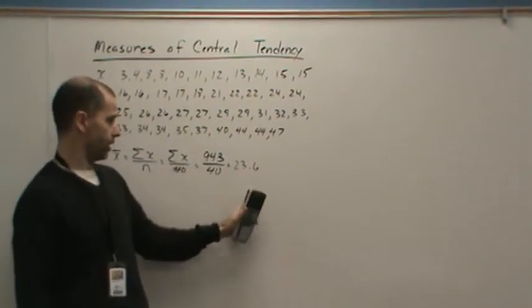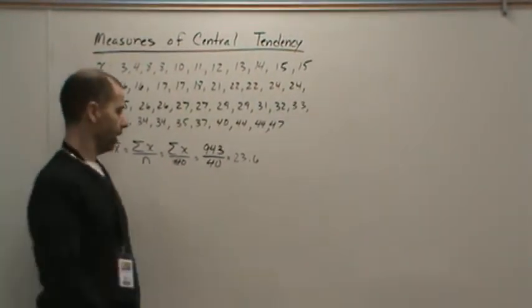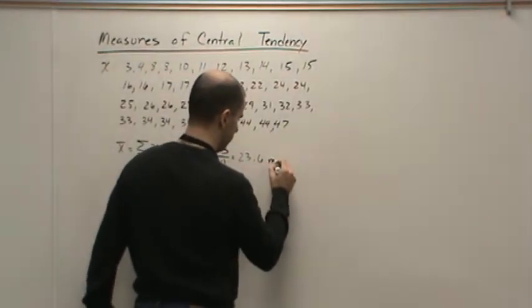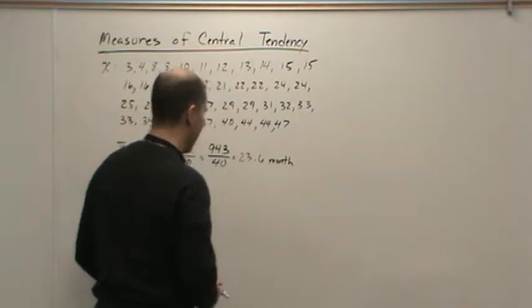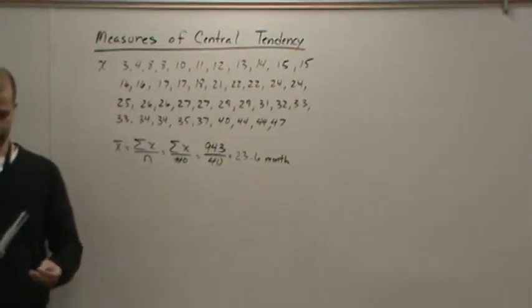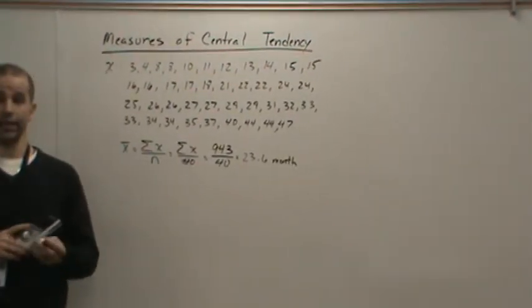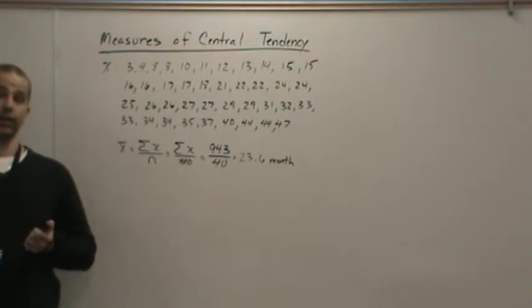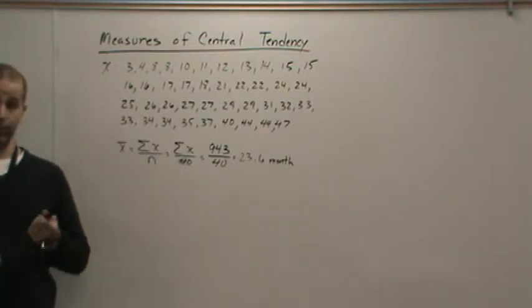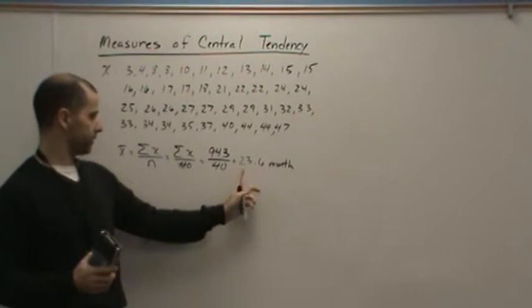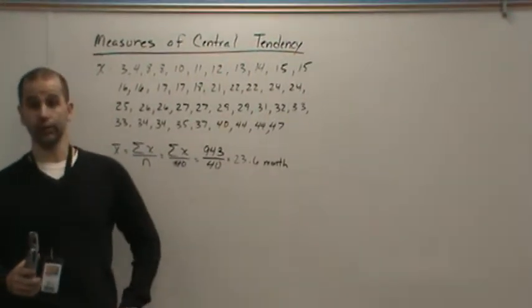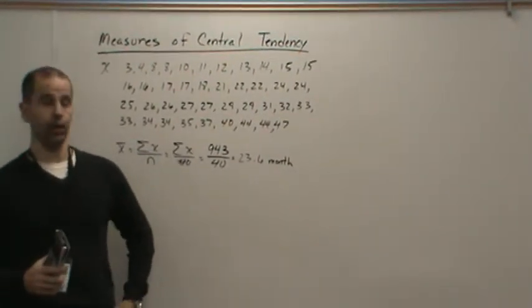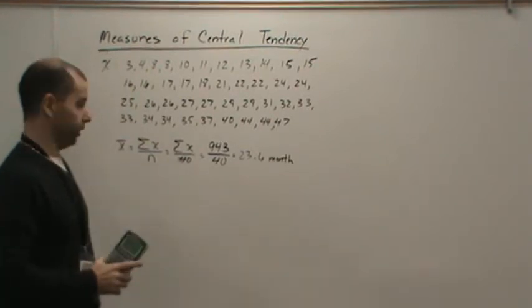So that rounds to 23.6 months. So the average number of months that an individual lives after taking this new antibody drug is almost 2 years. Okay, so that's the average.